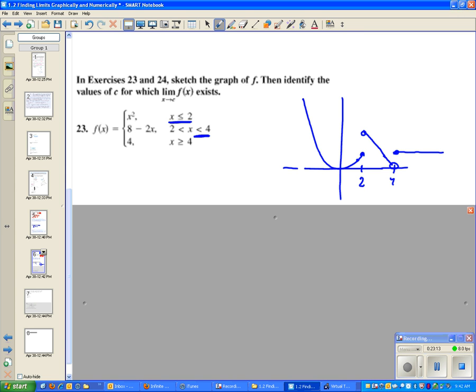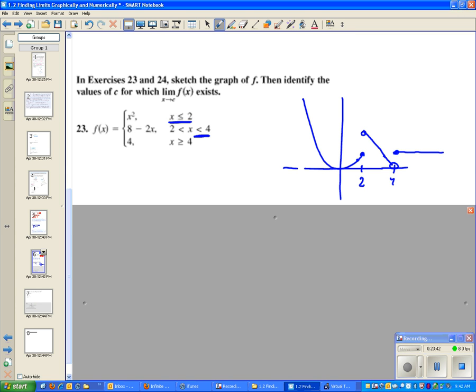So we've sketched the graph. Identify values of c for which the limit exists. How about we identify values of c for which the limit does not exist? That's easier. Where does the limit not exist? 2 and 4. Because what happens at 2 and 4? They don't converge, do they?